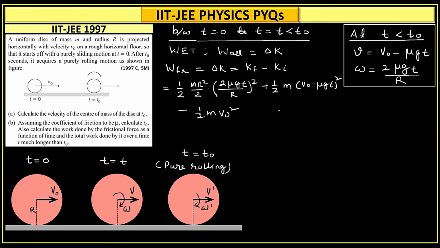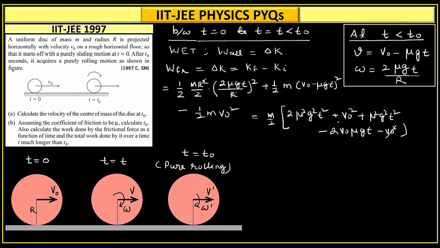So now let me simplify all this. We can see that in all three parts we have m by 2 common. So I'm taking m by 2 common, and here this r square and this r square get cancelled, so I'll remain with 2 mu square g square t square. From the second term I'll get v naught square plus mu square g square t square minus 2 v naught mu g t, and the last term is minus v naught square.